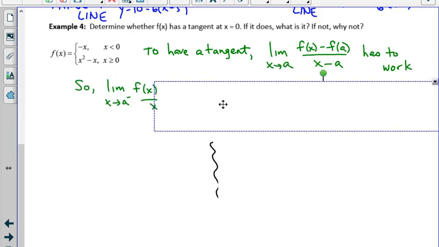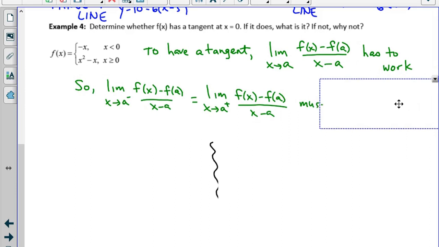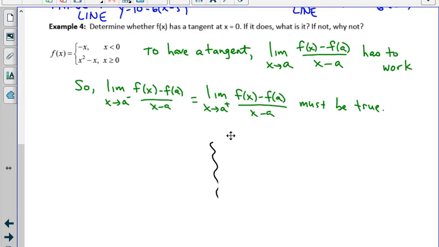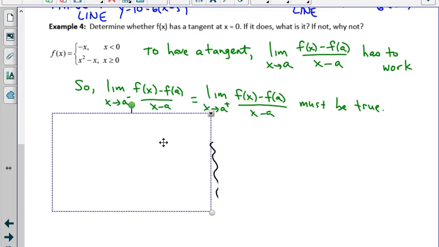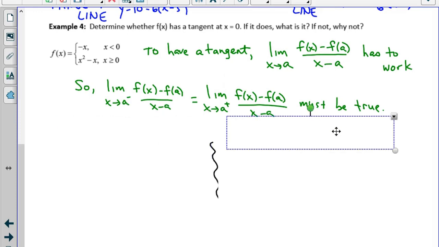So that means that the limit as x approaches a from the left must equal the limit as x approaches a from the right, because I know that's true about limits. If the limit exists, it has to exist and be equal from both the left and the right. So that's something to keep in mind.